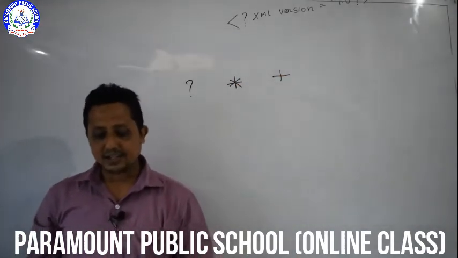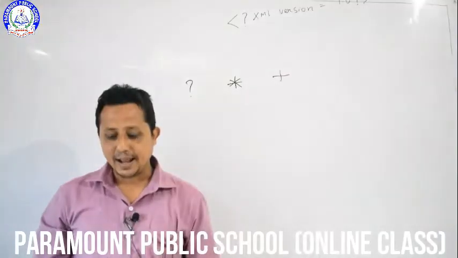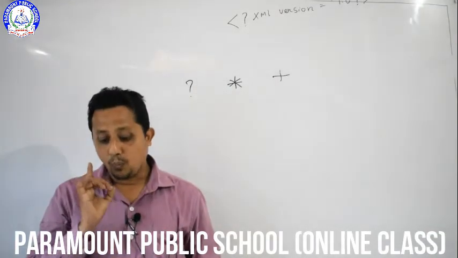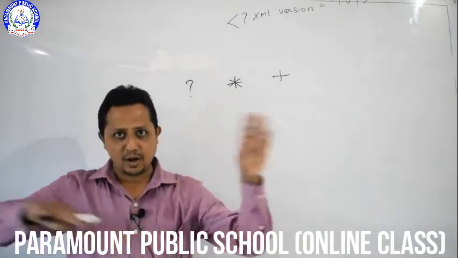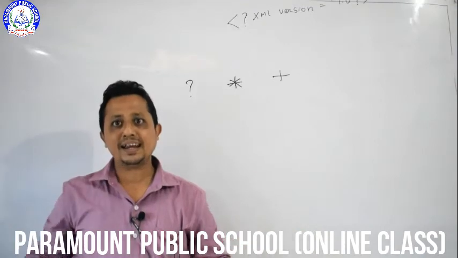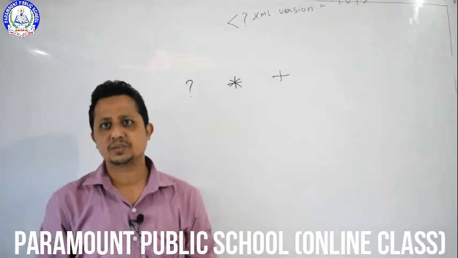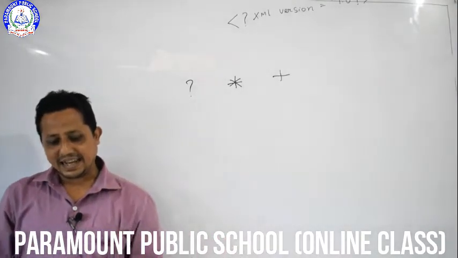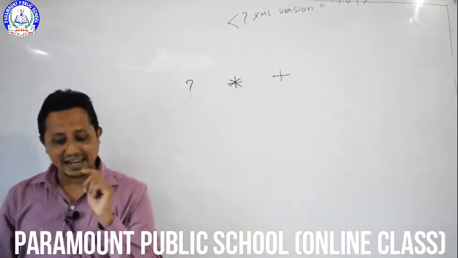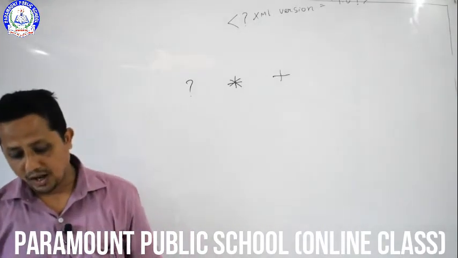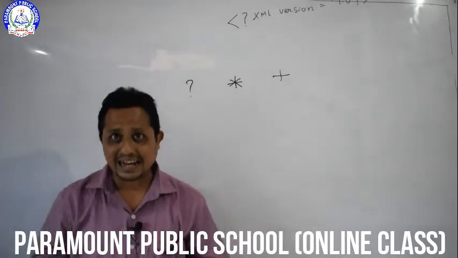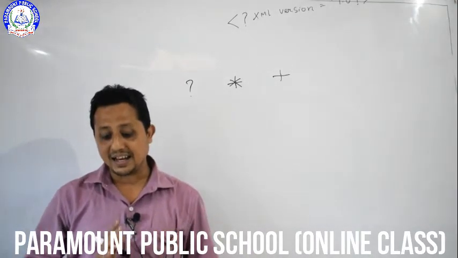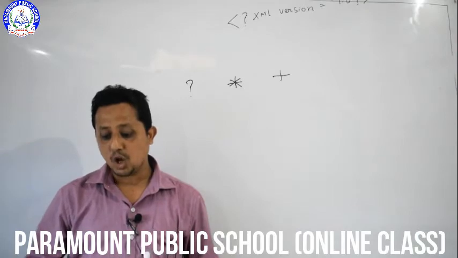The question mark symbol indicates that the element may not appear at all or may appear once in the XML document. The asterisk symbol indicates the element may not appear at all or may appear any number of times. And the plus symbol indicates the element must appear at least once or any number of times.